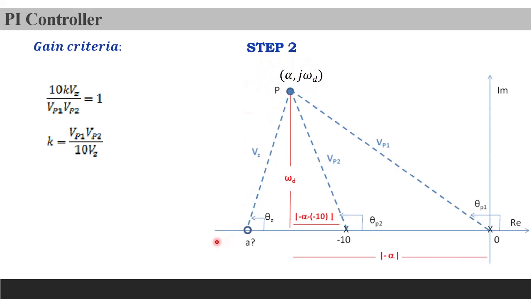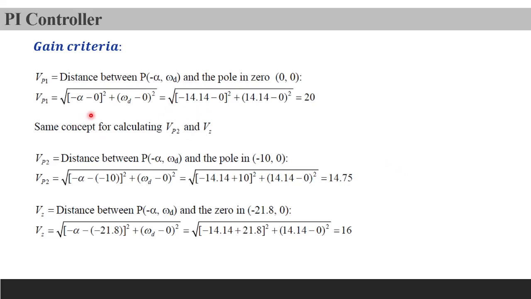We can apply the distance formula for vz, vp1, and vp2. So let's use the distance formula. You can solve it yourself, and these are the results of your distance formula. You substitute this value, and we have 1.84 as the value of your kp. And now we have the values of k, right, and the values of a, right?